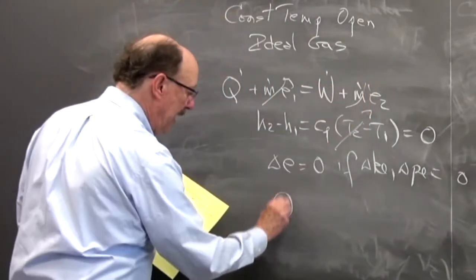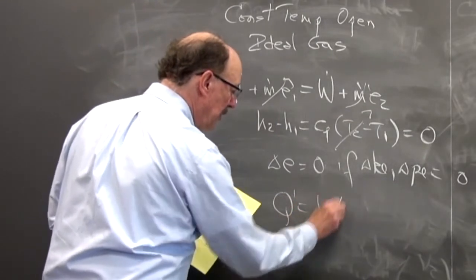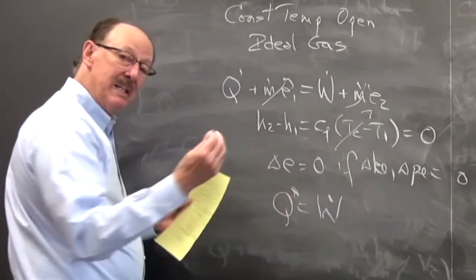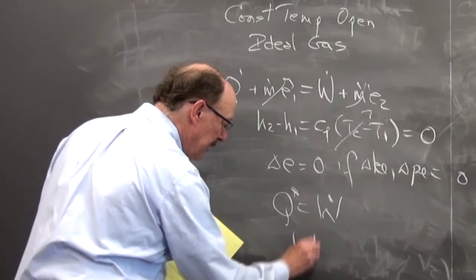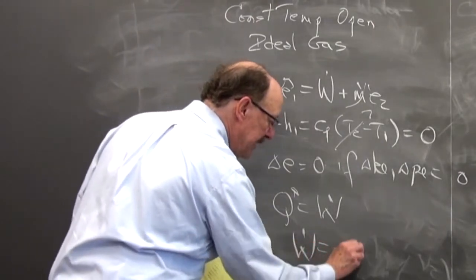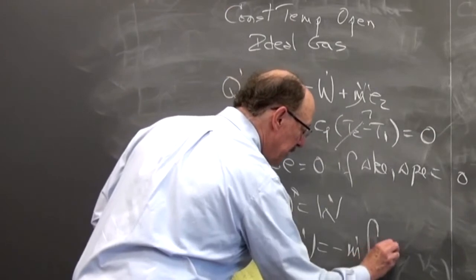So again, I have Q dot is equal to the work, but the work now is a different function. We remember that the power for an open system is minus m dot times the integral of VdP.